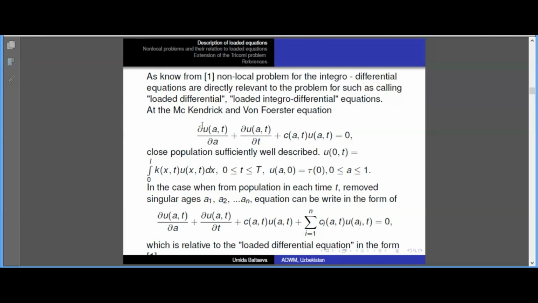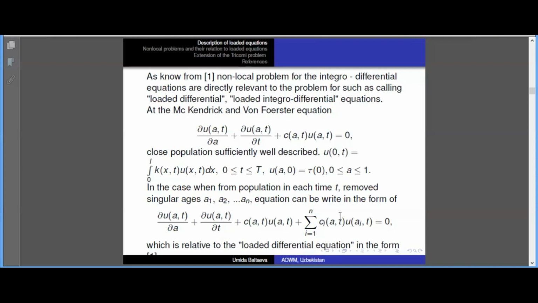It describes a closed population with this condition, u(0, t) equal to this integral form as non-local, connected with other sides of the domain or the inside of the domain, and with this initial condition. If we investigate this classical partial differential equation of the first order with this non-local condition, this kind of problem can equivalently be reduced to a loaded partial differential equation.